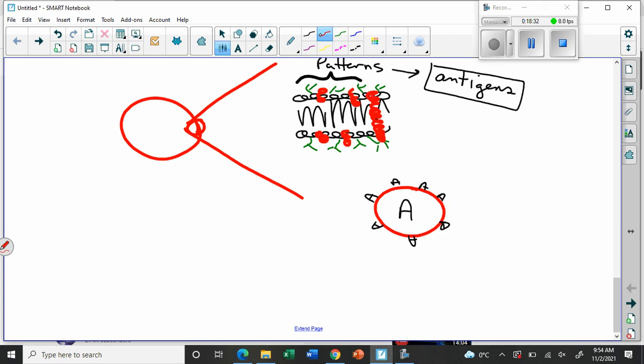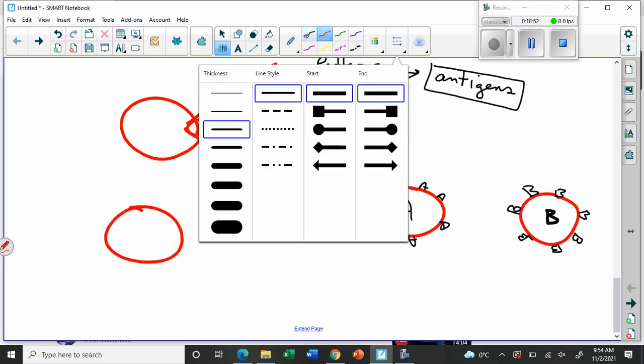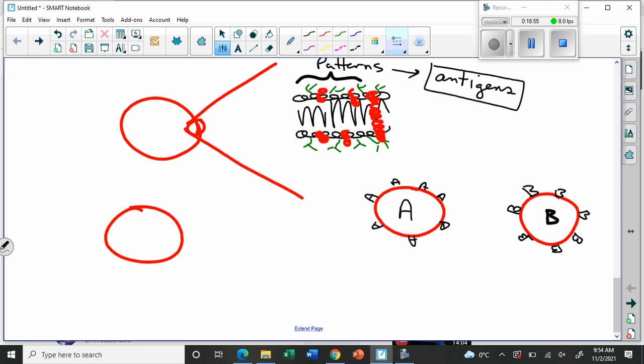Type B blood means that your body has little type B antigens all around it. On your cells, there are little molecules that are the pattern that we call B. Some people have blood cells that have both, because basically it's just what your genes tell your body to make.